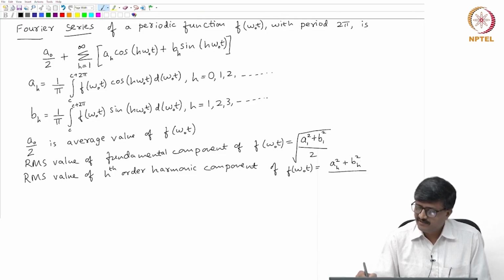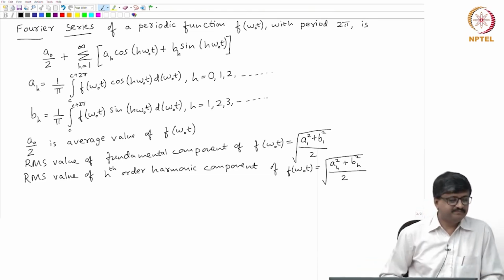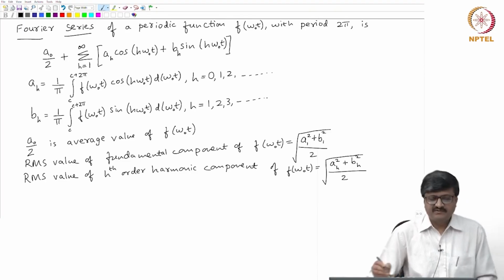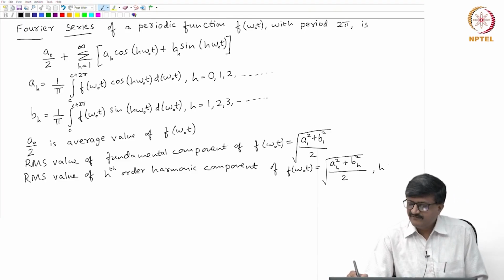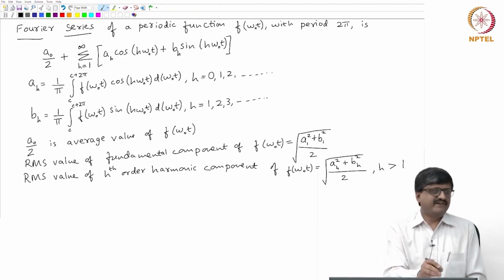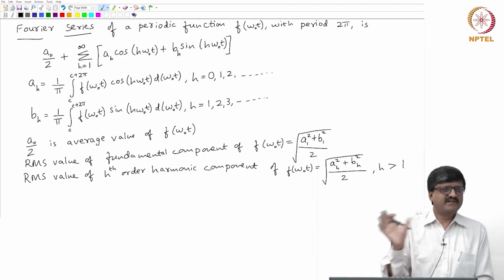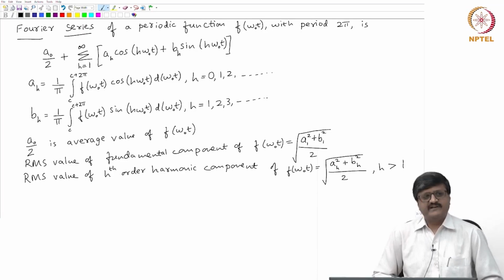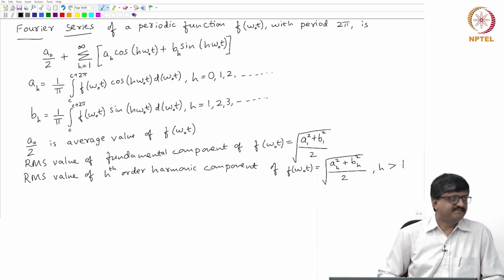So, it is under root AH square plus BH square divided by 2. Please note, for h equal to 1 we say fundamental; the name fundamental is for h equal to 1. For h greater than 1 we say harmonic, that is the point.